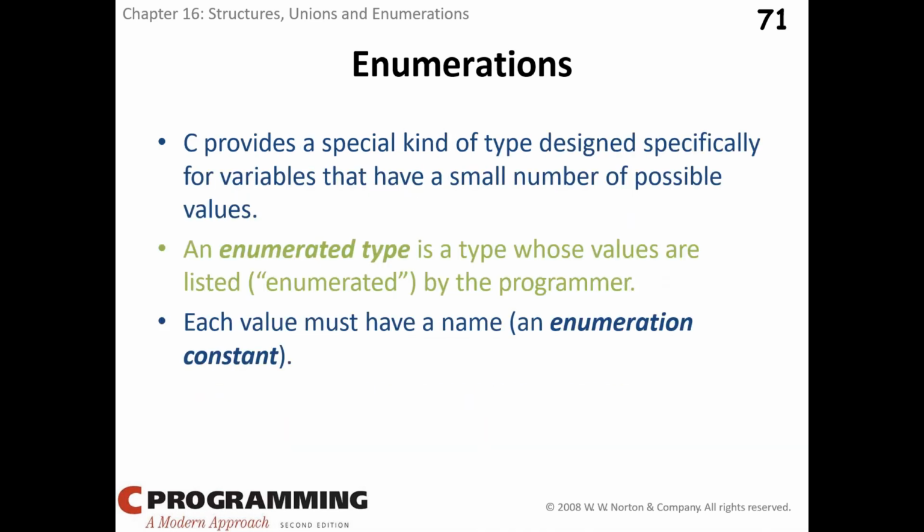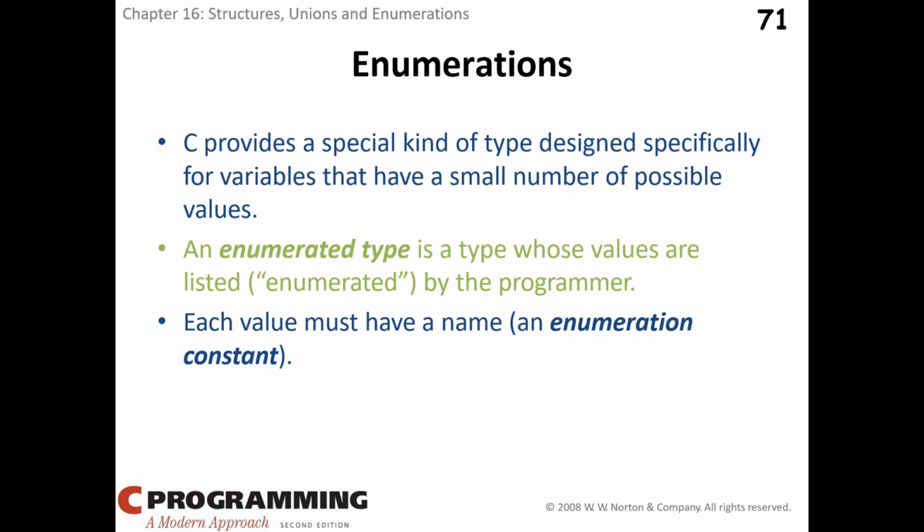So C provides a special kind of type to handle such cases that we've discussed more efficiently. And this special type is called enumeration. So an enumeration type, often referred to as an enum, is designed specifically for variables with a small predefined number of possible values.